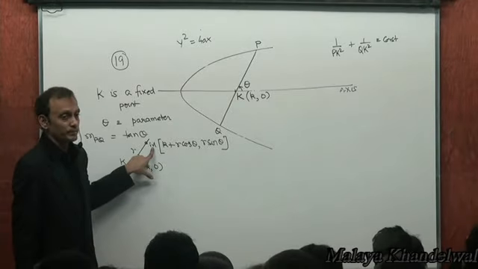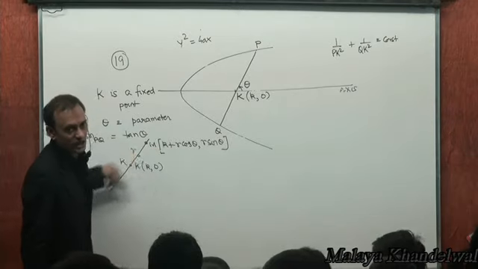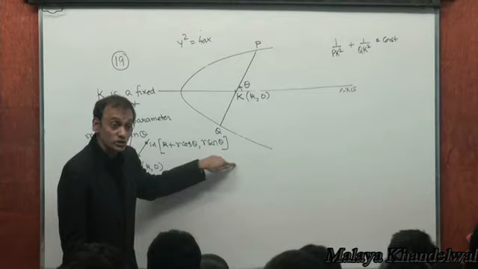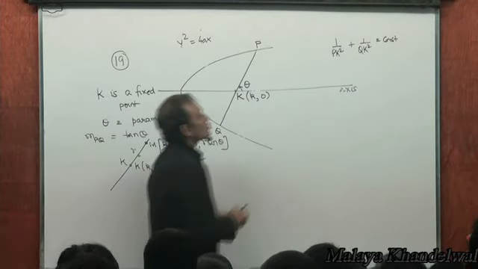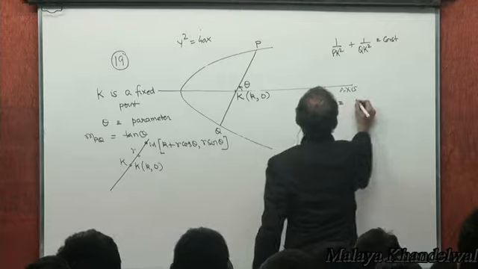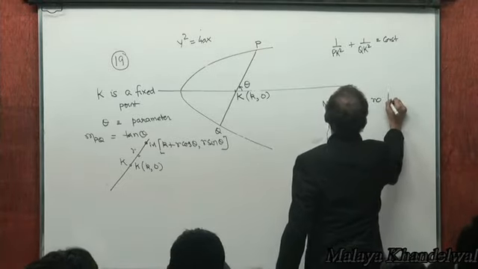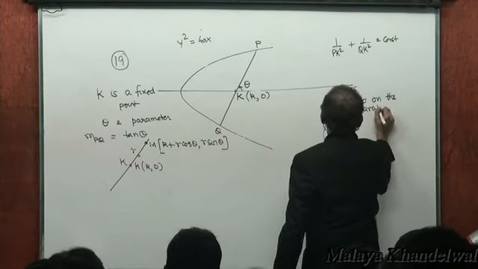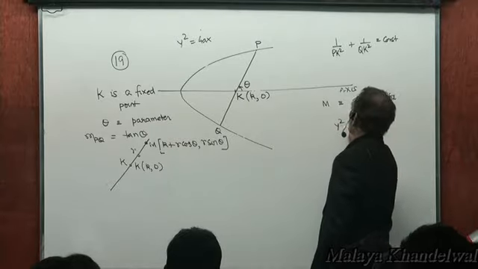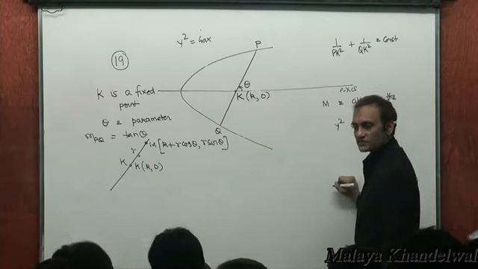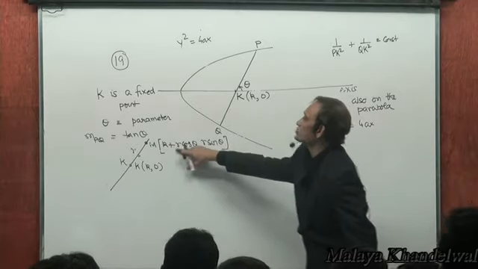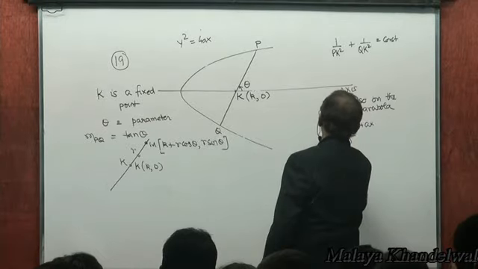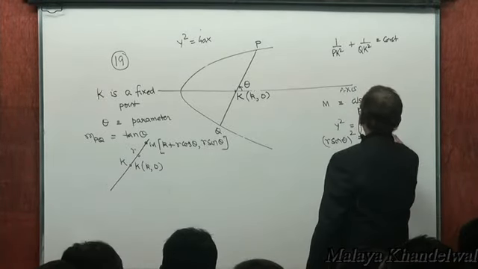Now, this point M, by its very design, is a point on this line. But if it's also a point on the parabola, then it will satisfy the equation of the parabola. So if M also lies on the parabola, it will satisfy the equation y squared equal to 4ax. That means the coordinates of M, x coordinate is this, y coordinate is this. So this gives me r sin theta whole square equals 4a into k plus r cos theta.